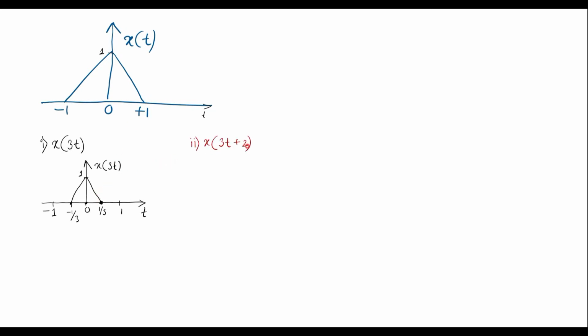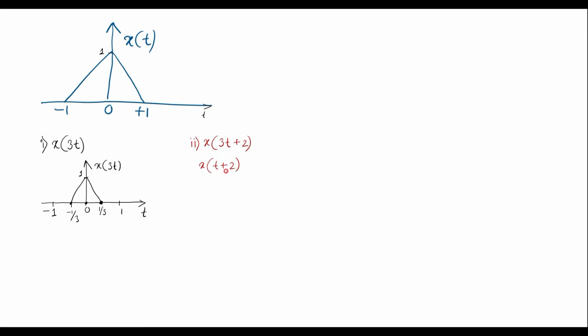X of 3t plus 2. To get x of 3t plus 2, we are supposed to perform two operations. One is the scaling operation, another one is the shifting operation. According to the precedence rule, we are supposed to shift the signal first, then we have to perform the scaling operation. So first we'll perform x of t plus 2, that is the shifting operation.